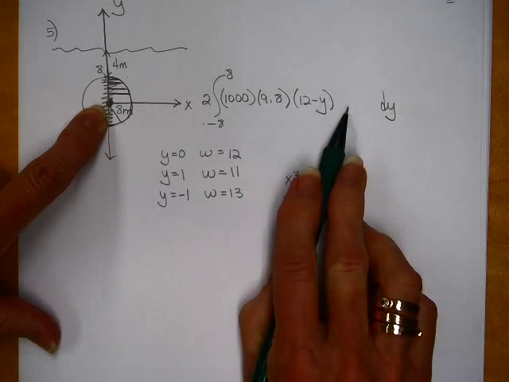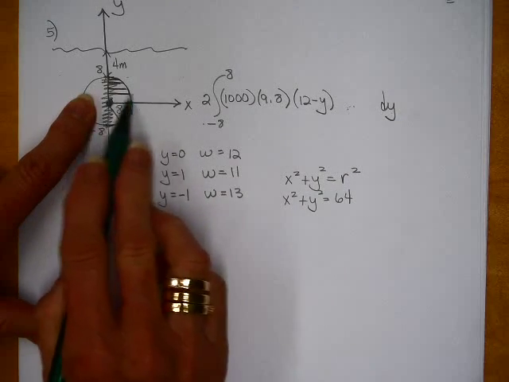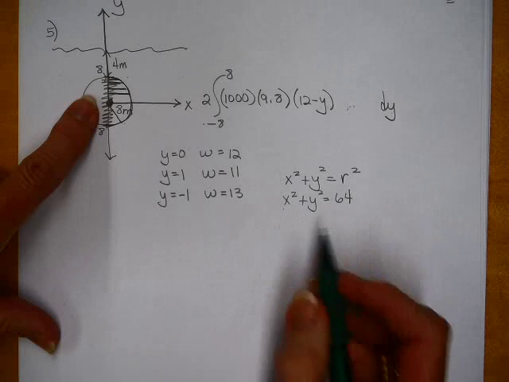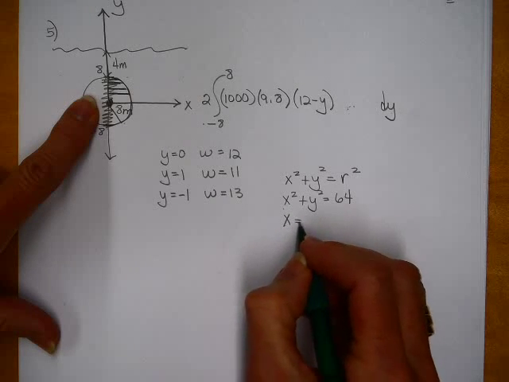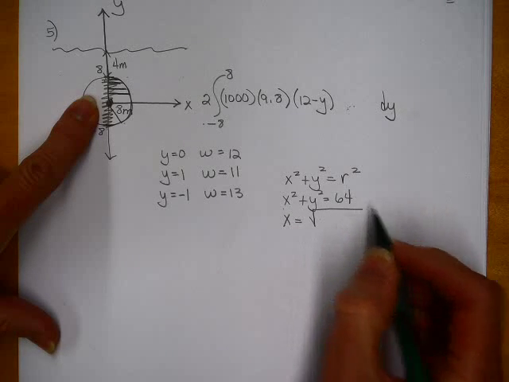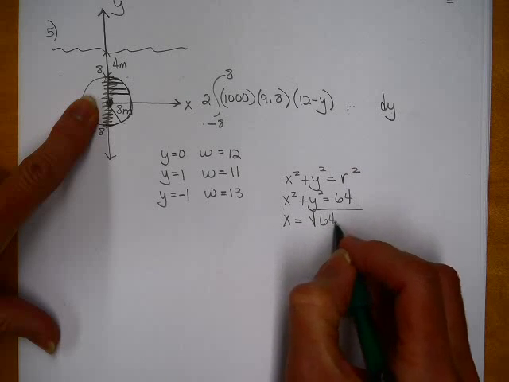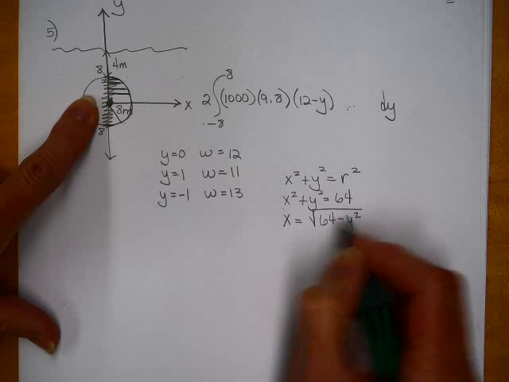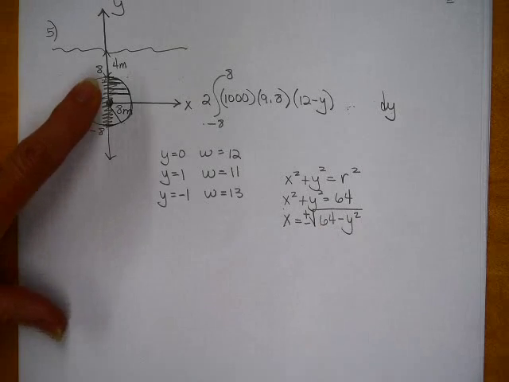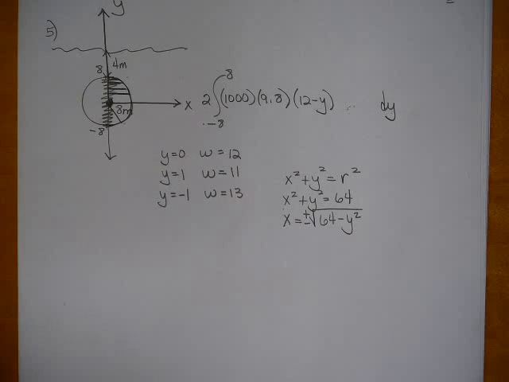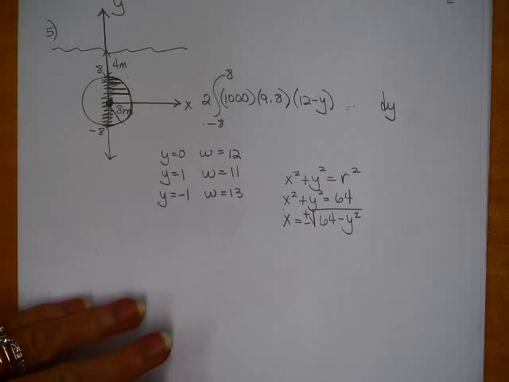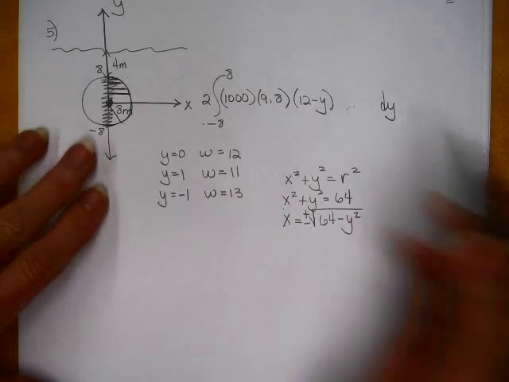I need to have y's in here. I'm slicing in the x direction, so solve this for x. X is going to be the square root of 64 minus y squared. It's either plus or minus, but I'm just going to look at the positive square root because that's all I'm looking at.